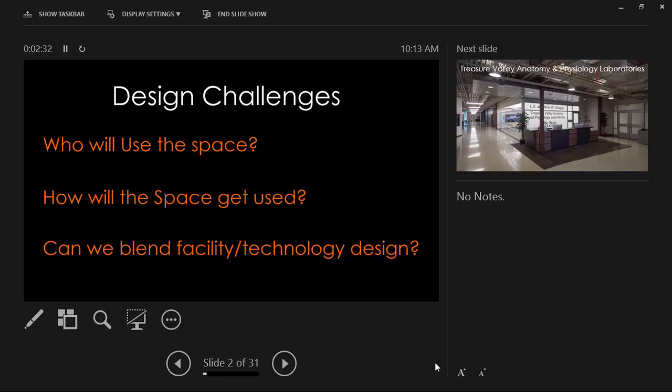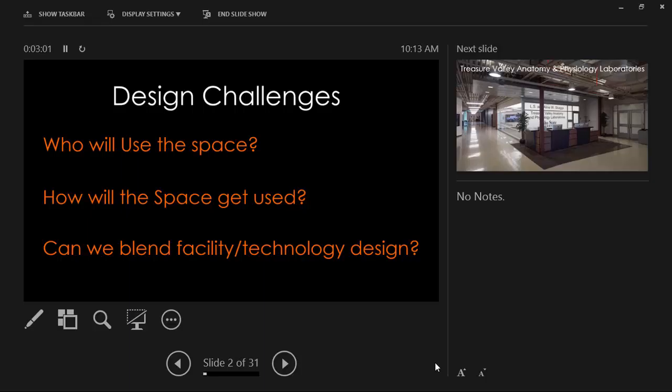And then because we were so far ahead of the game in designing the AV systems for these rooms, we actually had the opportunity to say, okay, well, how do we blend the design of the AV with the design of the facility so that we're creating an infrastructure that can account for any kind of AV that we want to come in and plug in once it's all built.